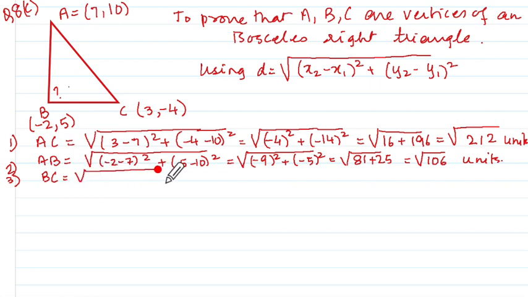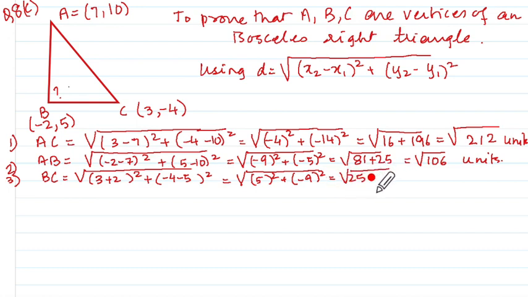Again, we will write the same formula with their brackets. And for BC, let us do this 3 minus minus means 3 plus 2 and minus 4 minus 5. That will give us under root 5 square plus minus 9 square will give us 25 plus 81, which is again under root 106 units.